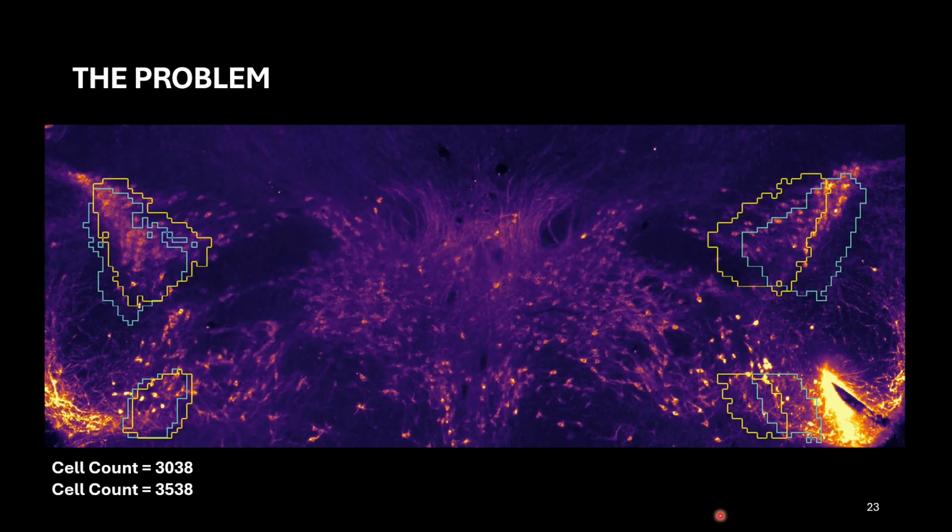Both of them look pretty good, but suddenly the counts have shifted by 500. And so now this makes our life quite difficult because we don't know which one's correct, and the researchers are also expecting subtle changes in the counts of neurons in these regions. So if the counts can change this much just by our registration, then there's a bit more of a problem and we need to look into it a bit deeper.